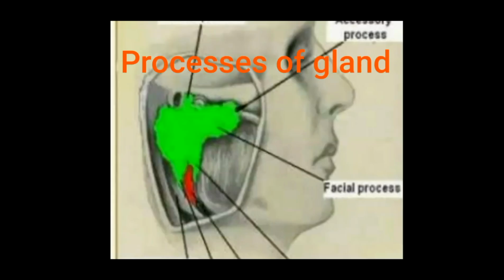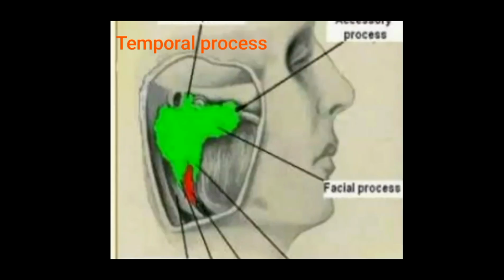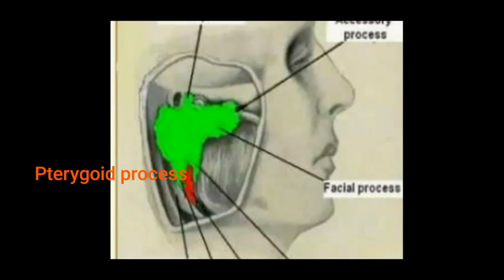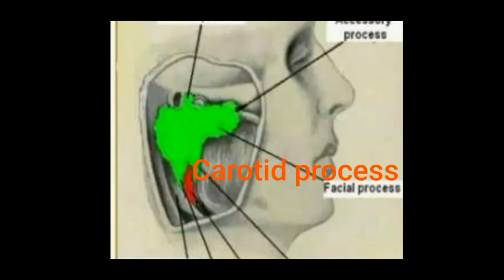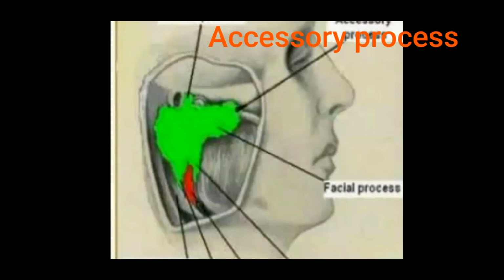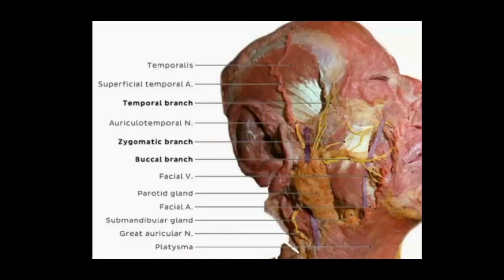The gland has several processes, as you can see: temporal process, one in front of the meatus, glenoid process, facial process, pterygoid process, carotid process. These are the different projecting parts. It's a pulpy mass, encroaching wherever a space is there.